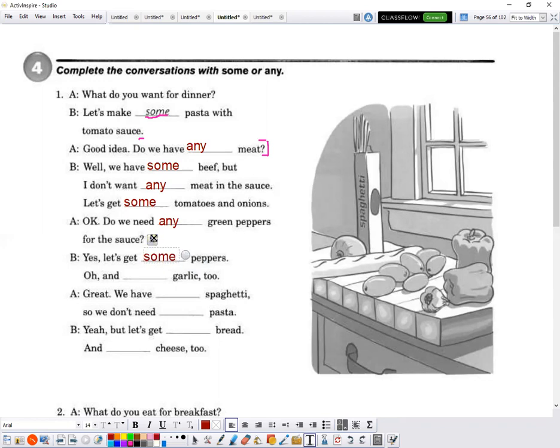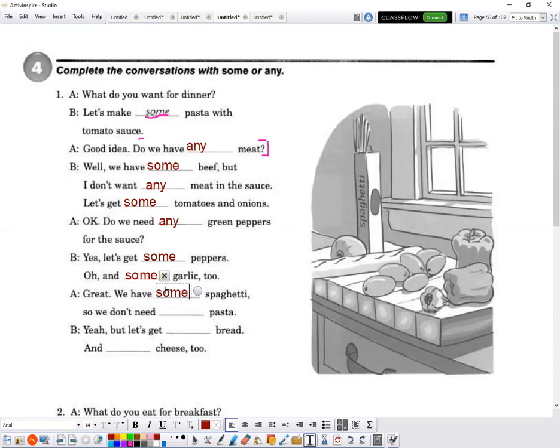Yes. Next. Oh, and garlic too. Why? Yes, because affirmative. Great. We have spaghetti. Why some? Yeah, affirmative.